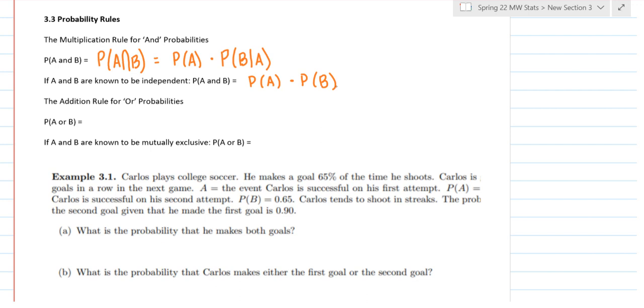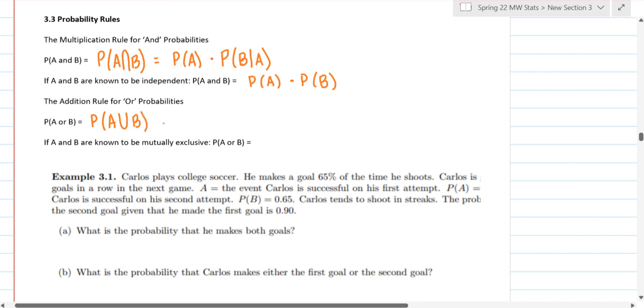P of A or B is the probability of A union B, and that's going to be the probability of A plus the probability of B. But if they are not mutually exclusive, then you have to subtract the probability of A and B. If they are known to be mutually exclusive, you can just add them: the probability of A plus the probability of B.